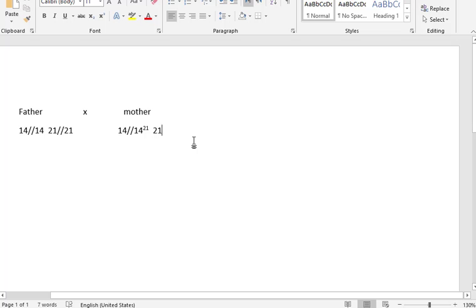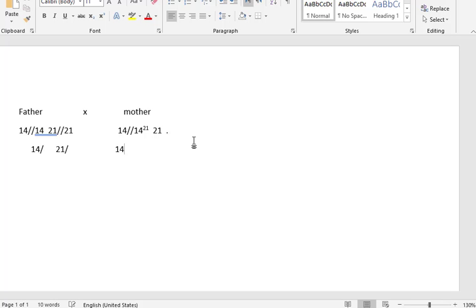Now, she doesn't have another 21. Let me put a dot just to represent the missing 21, or the one that is above the 14. Now, the father as a gamete, he will make 14 and 21 normally. The mother now, she has how many options?